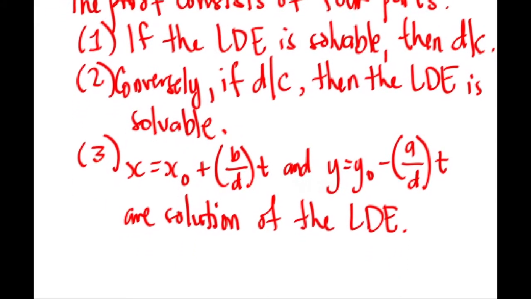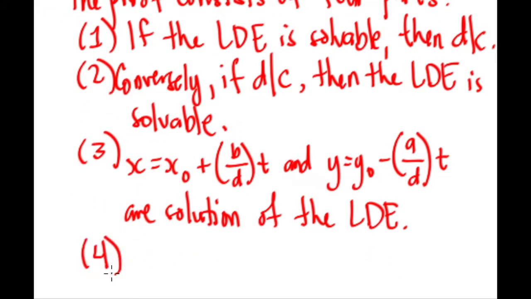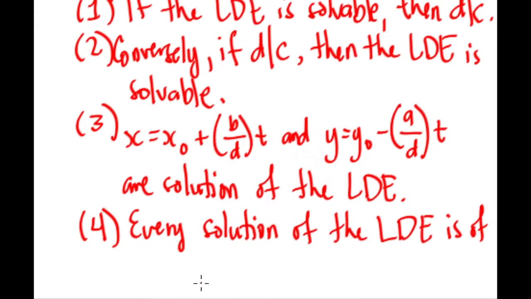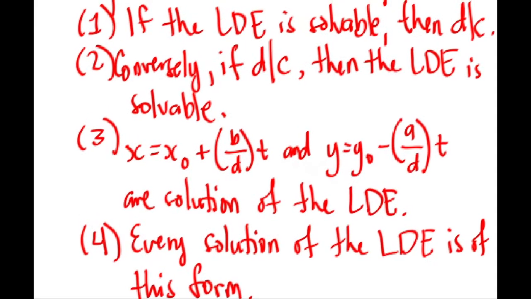Number four: every solution of the LDE, x and y, is of this form. We will be proving each part one by one in this specific order.